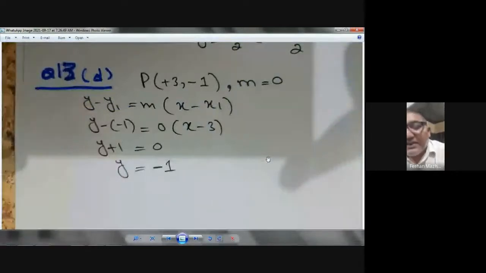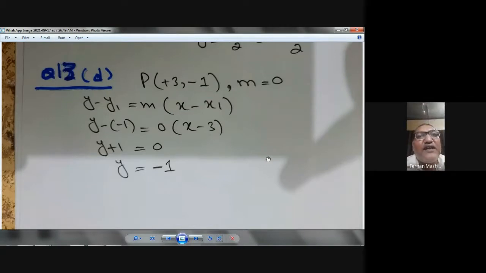He says in the D part, the equation of the line passing through the P point and having the gradient of 0. So the P point we already know is 3 comma minus 1, and the line passing through this point has a gradient 0, meaning the m value is 0. So I will apply the formula y minus y1 equals m bracket x minus x1.